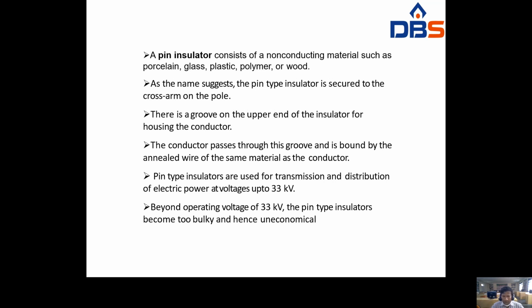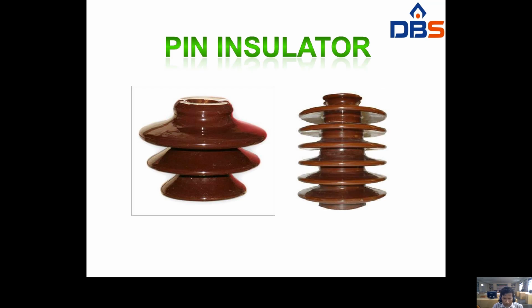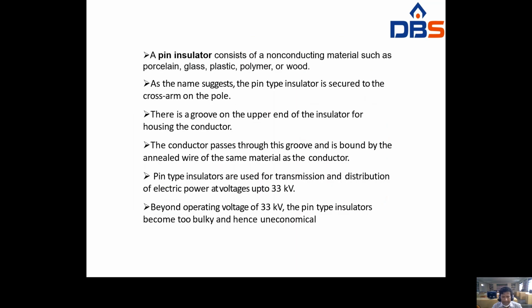There is a groove on the upper end of the insulator for housing the conductor. So look at the picture. This is the groove. Through this groove, the conductor is passing. The conductor passes through the groove and is bound by the unlaid wire of the same material as the conductor.